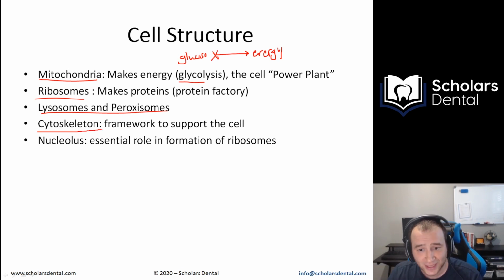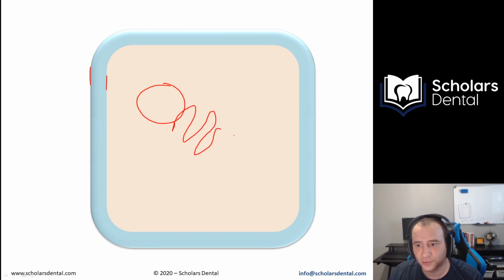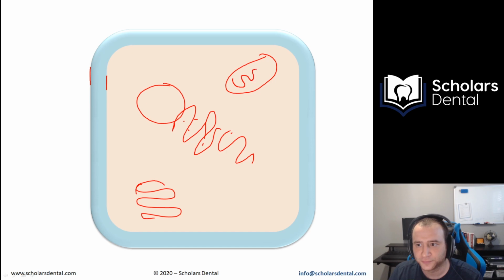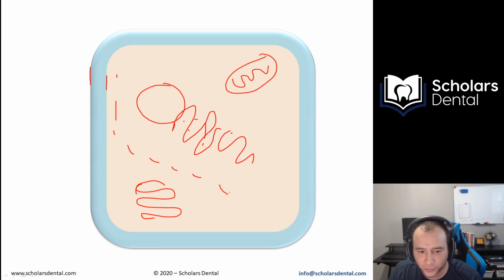Then you have the cytoskeleton, or the framework. So if we draw a nucleus, the rough ER, the smooth ER, then you have the Golgi apparatus somewhere here, then you have a mitochondria. The cytoplasm, on a microscopic level, is actually a skeleton, which shapes the cell.